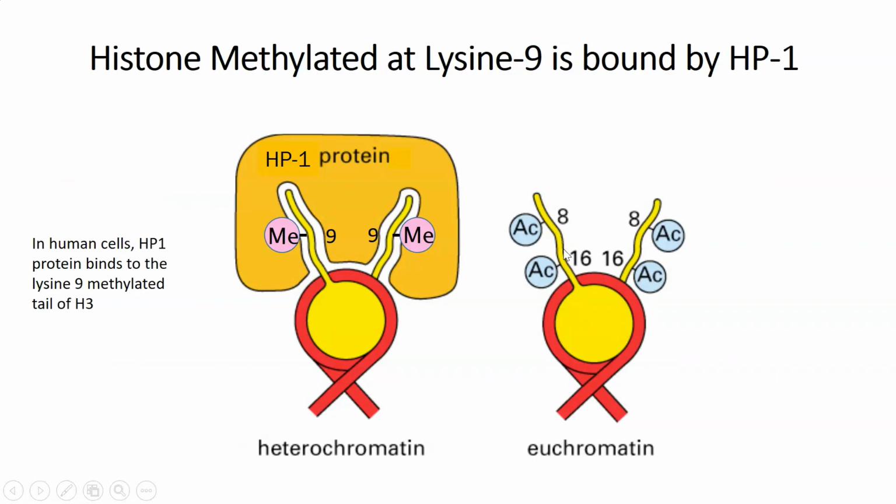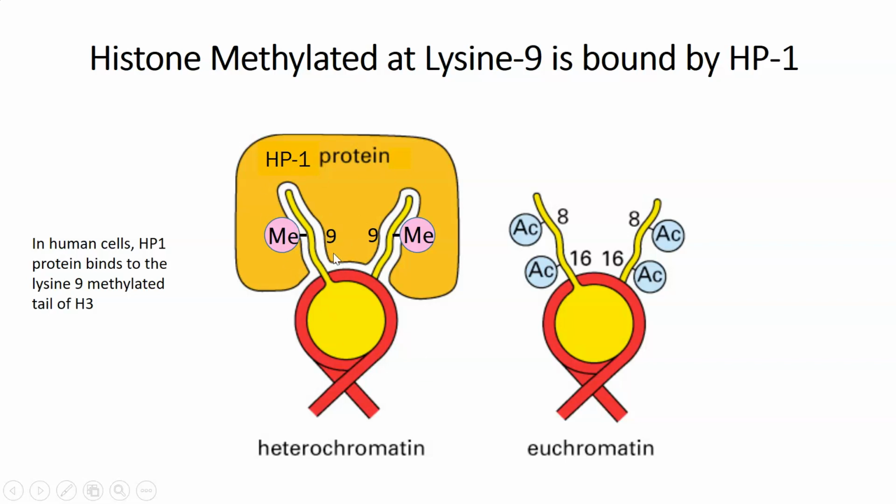Here is a nucleosome with histone tails that are acetylated, and this is resistant to HP1 protein binding. Here is a nucleosome with histone tails that are methylated, and this fits an exactly complementary shape to the HP1 protein, which latches on.